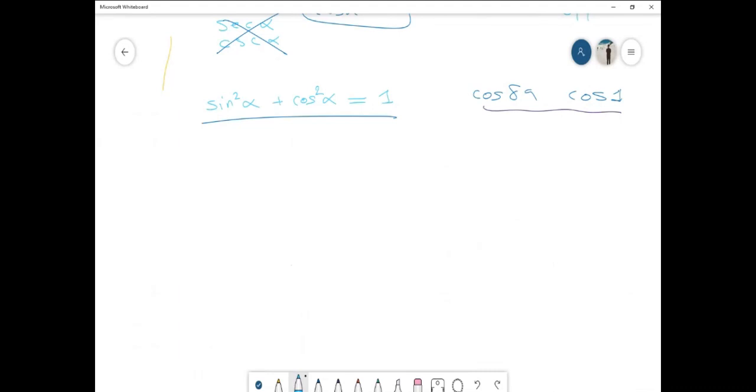Okay. So, if we have a triangle like this, and this is my angle, alpha, let's say. These sides are, let's say, x, y, and z. And we have another triangle like this.